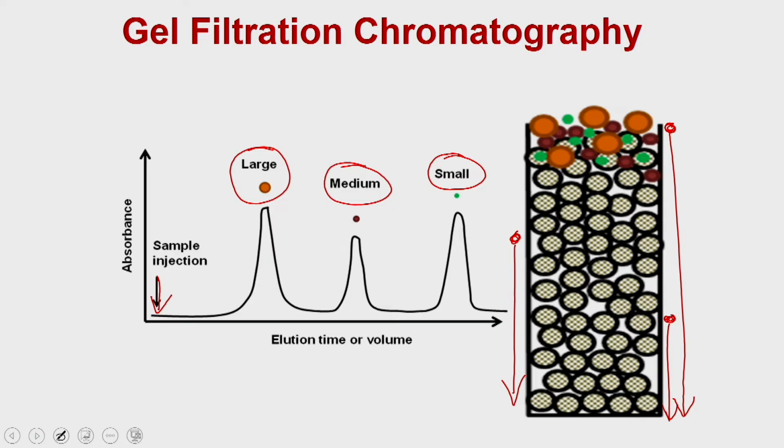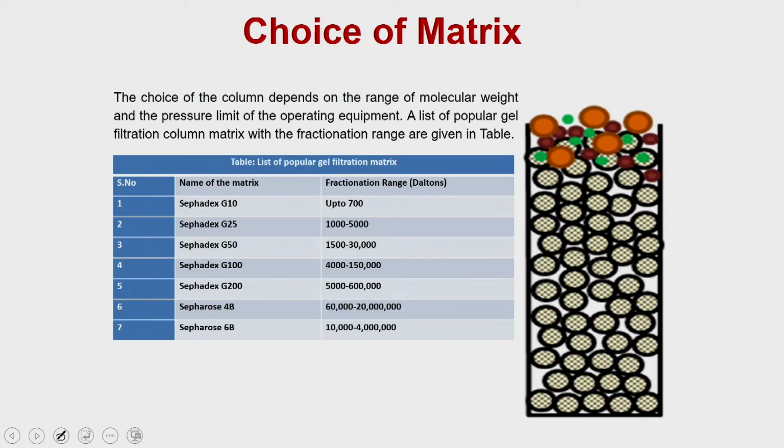Now, let us see what metrics you can use for gel filtration. The choice of column depends on the range of molecular weight and the pressure limit of the operating equipment. If you remember, when we were discussing the protein purification system, we discussed different types of pumps: low pressure pumps, middle pressure pumps, and high pressure pumps.